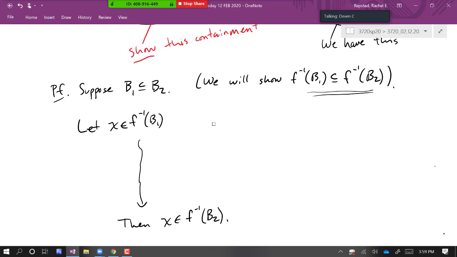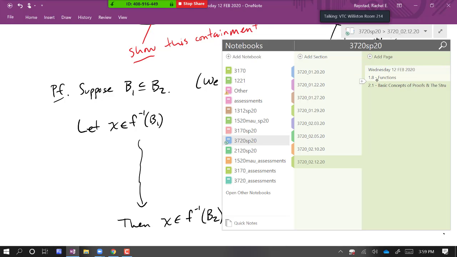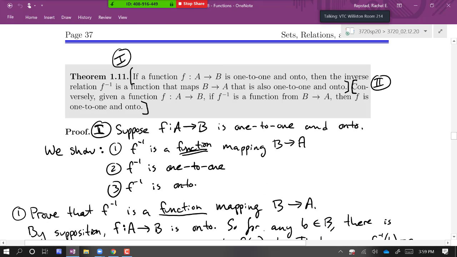Just as a set from the codomain? Well, I'm not really sure what you mean. If x is in the preimage of B1, what does that mean? We're going to have to go back and look at the definitions, the new definitions of things.